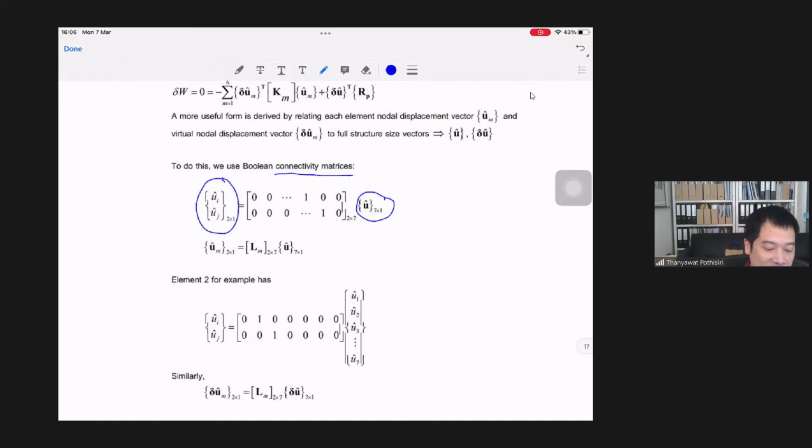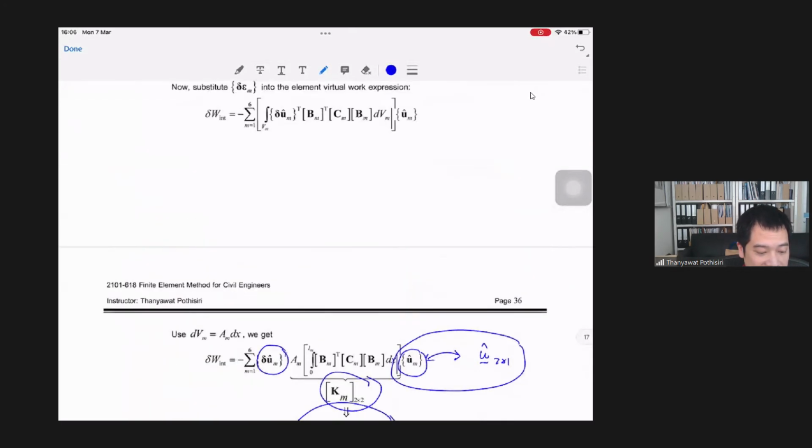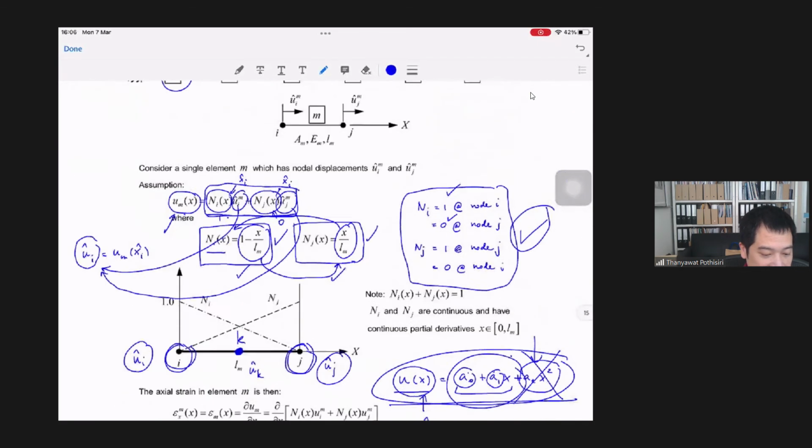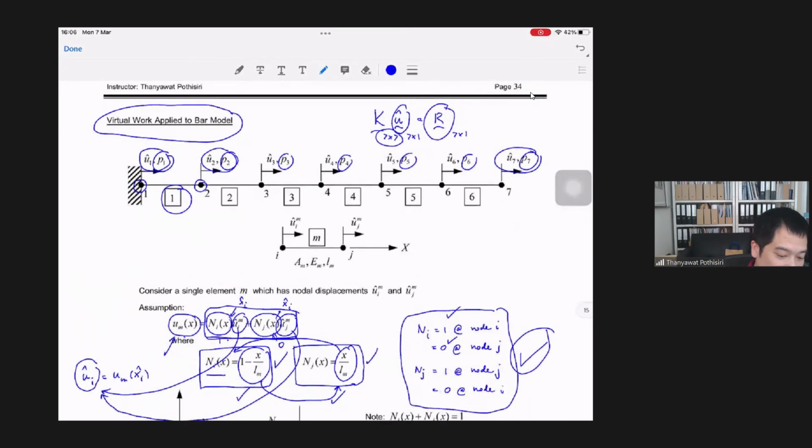For example, for element 2, you see the starting node and the ending node of element 2, which is this node right here and this node right here. So the starting node i matches with node 2 of the structure, and the ending node j matches with node 3 of the structure.